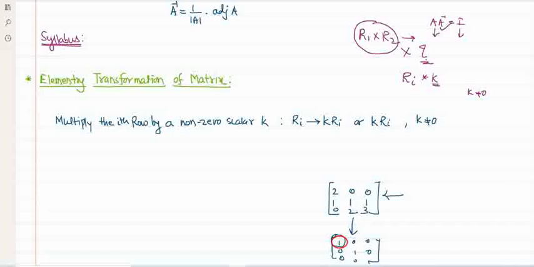Unmute everyone. R1 is equal to R1 minus R2. Okay, you are changing R1 to R1 minus R2. What happens? That becomes minus 1. Then next, R3 minus 2 R1, it becomes 0.